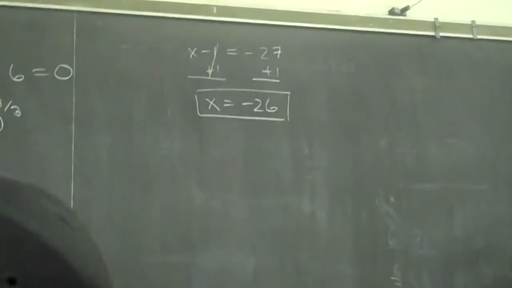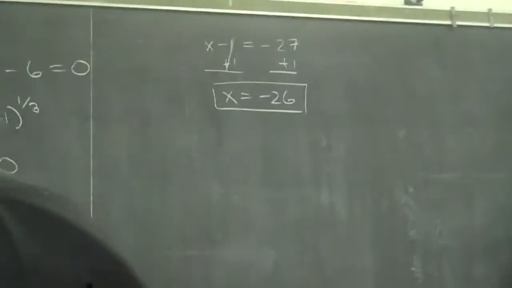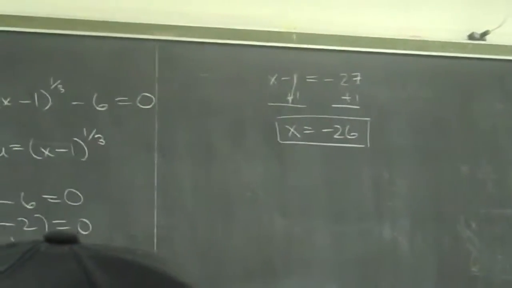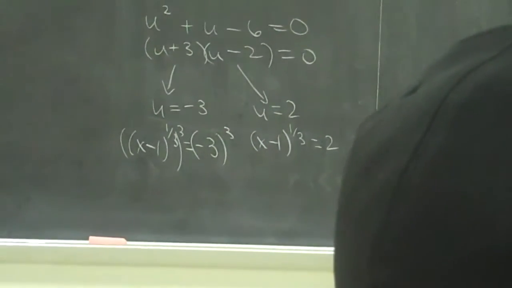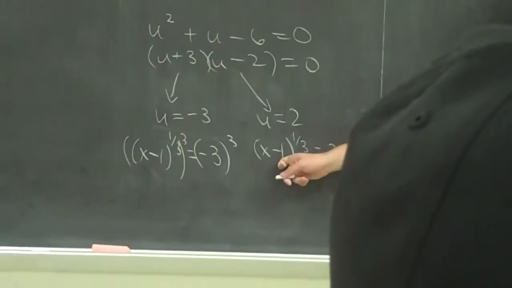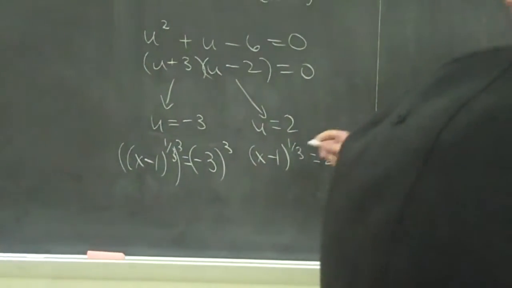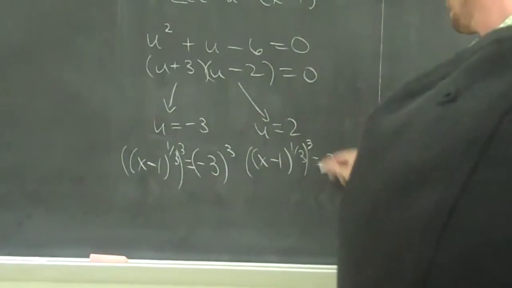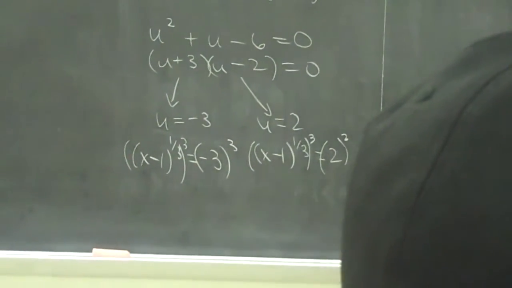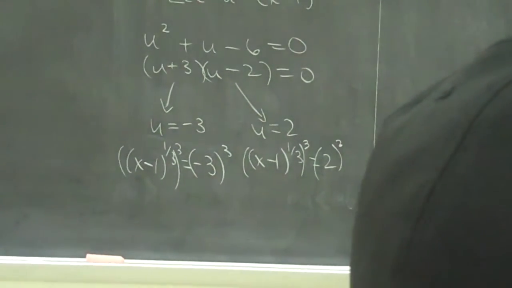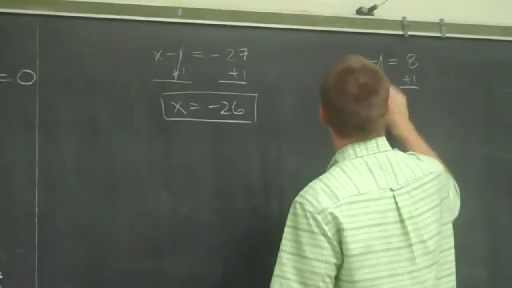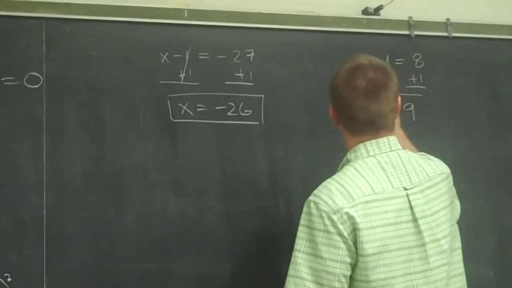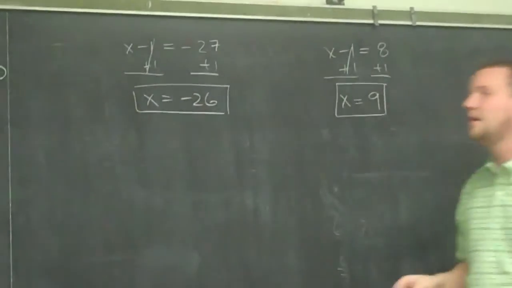We do that for all the problems: once we get u, we solve for x. So ditto over here. This is still a cube root. Cube both sides. So x minus 1 is going to equal 8, and the other solution I get is x equals 9.